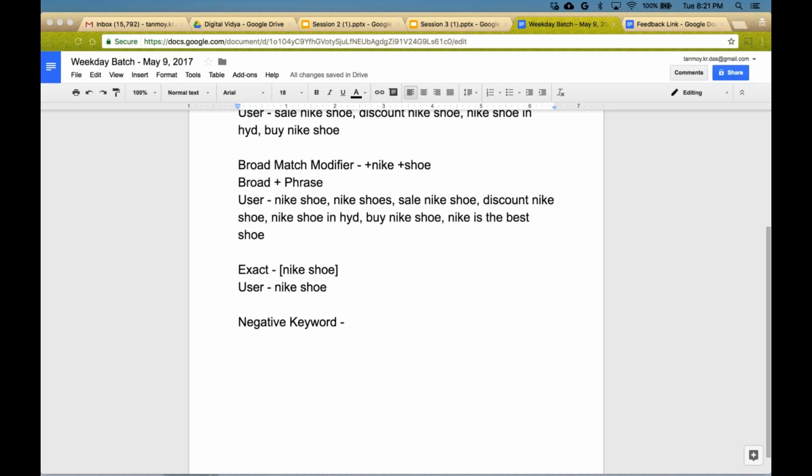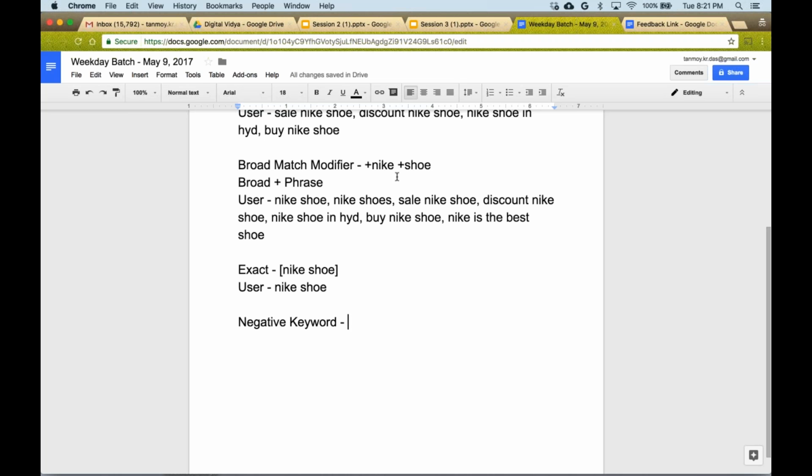So the format will always be like this, wherein you have the plus sign and the word. You can't have the plus sign after the word, or have space between the plus sign and the word. It has to be in this format.